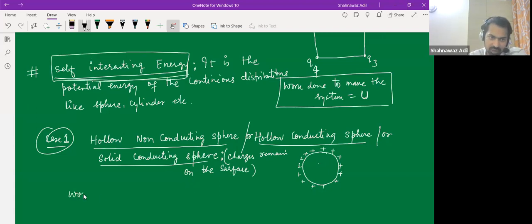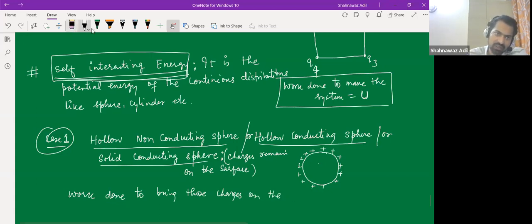So work done to bring those charges on the surface, work done to make this system. This is what we call the self-interacting energy.